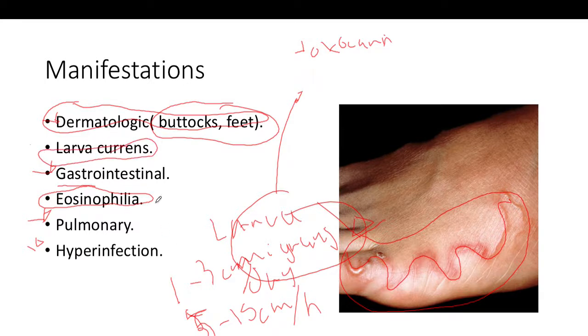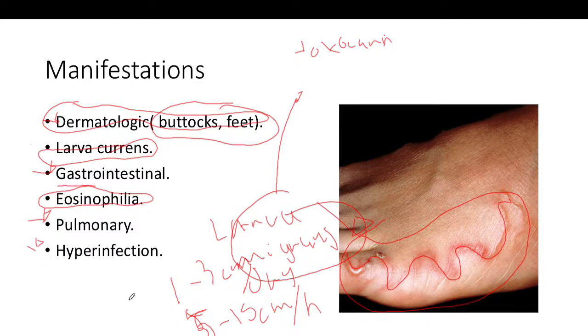Okay, now the other manifestation that can present is gastrointestinal manifestations. Why? We already talked about it when we saw the life cycle, because the site where the adult worm is gonna live is the intestines, and this can cause either constipation, diarrhea, and some other gastrointestinal manifestations, but those are mainly the ones.